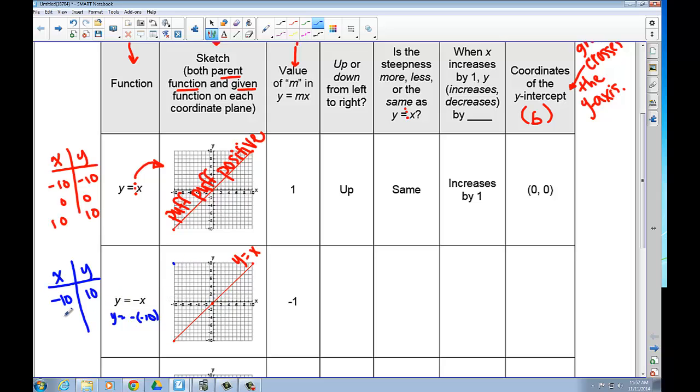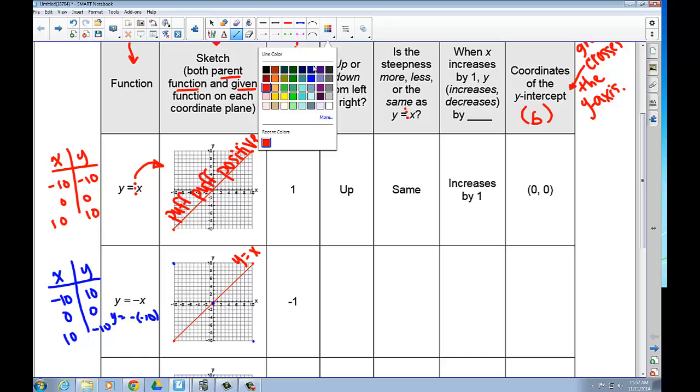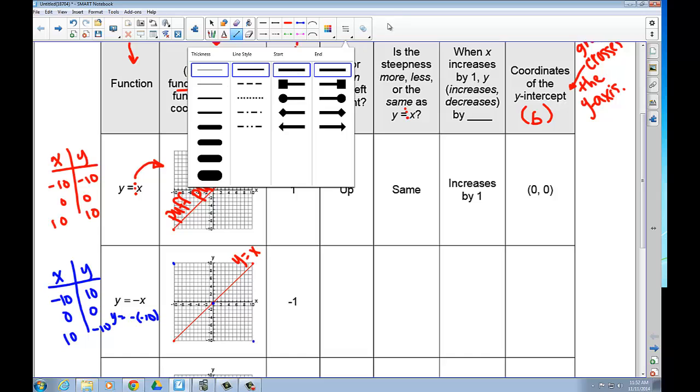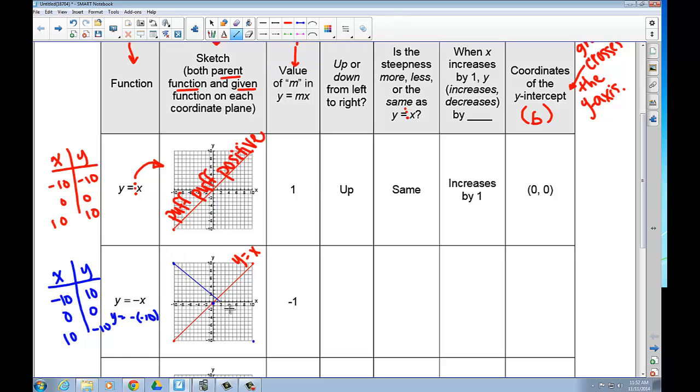If we substitute in 0 for x, what do we get for y? 0. So we know that one. What if we substitute in 10 for x? We get negative 10. So we go over 10 and down 10. So now our blue line represents y equals negative x. We'll draw that and we'll label it as y equals negative x.